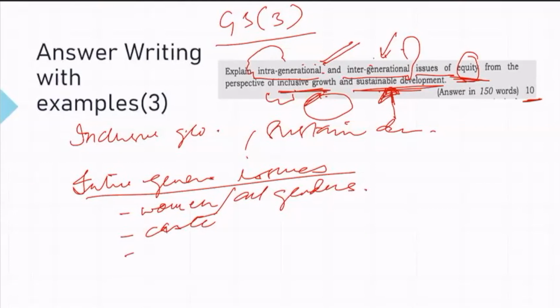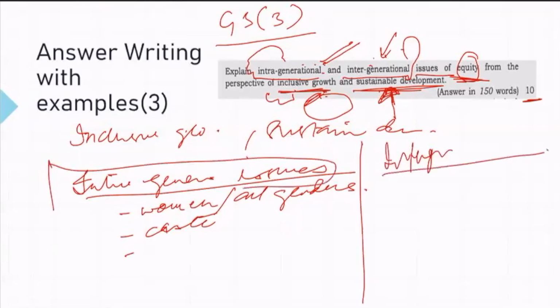First is intragenerational, second is intergenerational. And the question says explain. So basically, you are giving the issues, and you will try to explain them in two ways.